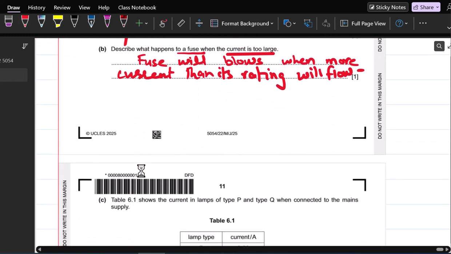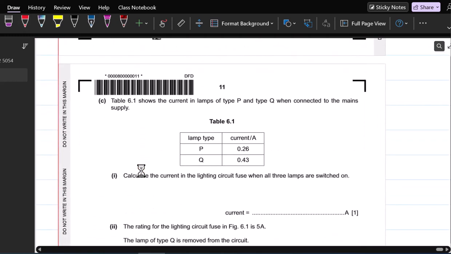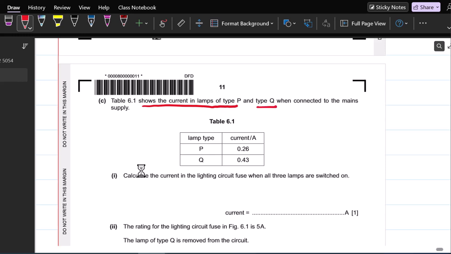So moving to the next part. Table 6.1 shows the current in lamps of type P and type Q when connected to the mains supply. So here we have the current and the type of lamps. Calculate the current in the lighting circuit fuse when all three lamps are switched on.